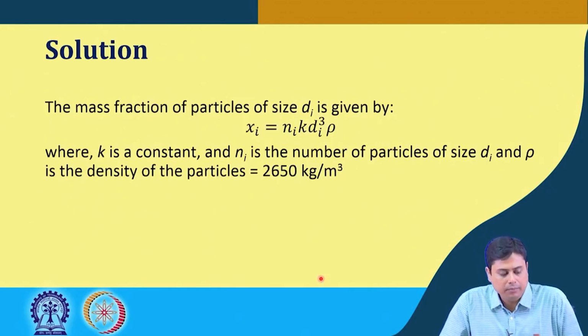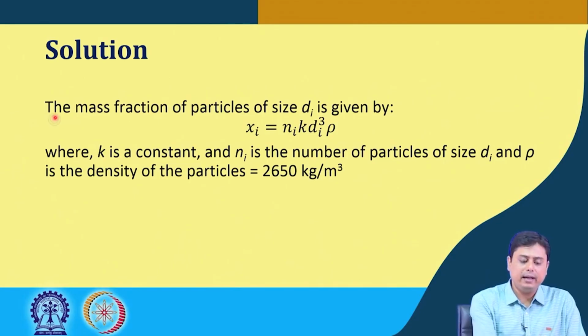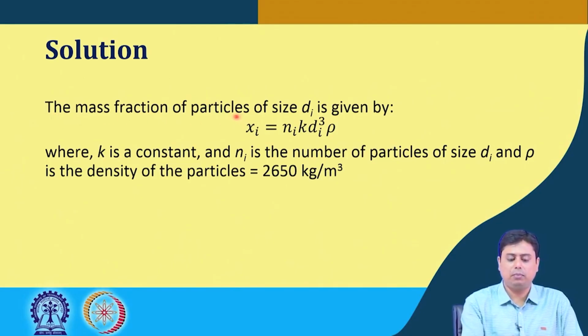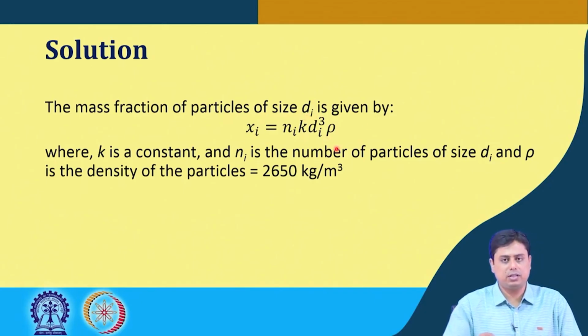So, how it is done? The point is that the mass fraction of particles of size di is given by these expressions that we have already seen in the last class, that xi is the mass fraction, ni is the number of that particular size of the particle, k is a shape dependent factor, d is the diameter of that sample of particular size range, and rho is the density of the solid particles.